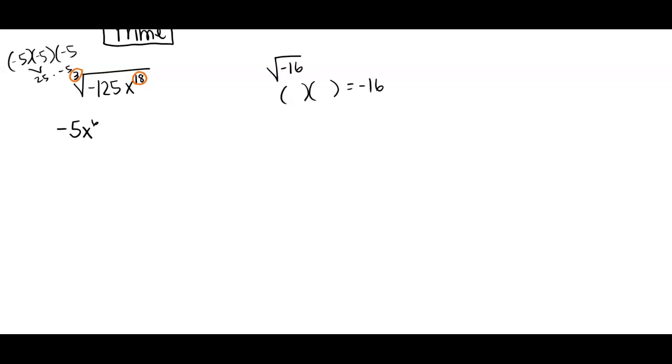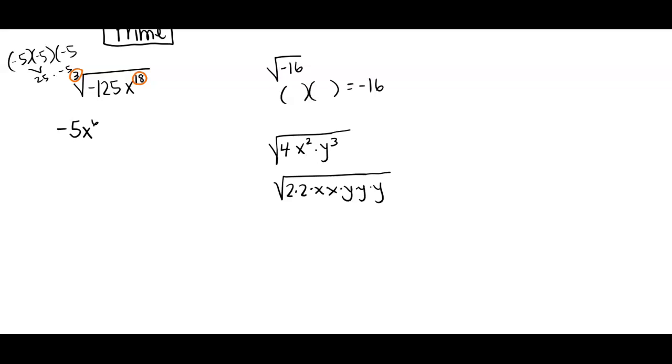When it's a square root, we're doing things in groups of 2. So say that I had this. If I rewrote it, 2 times 2 is 4, and then x squared is x times x, y to the 3rd is y times y times y.